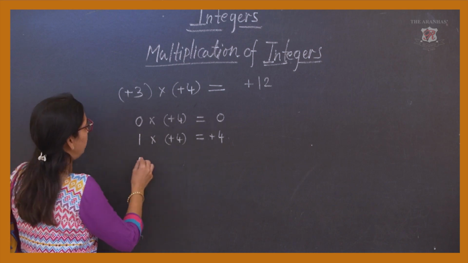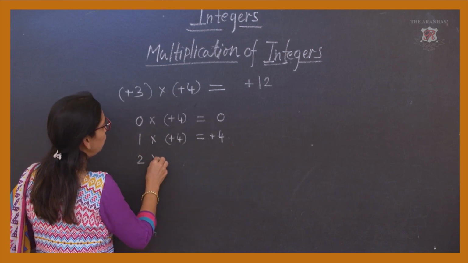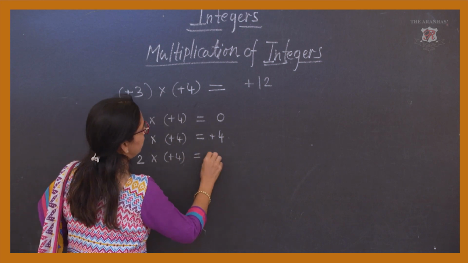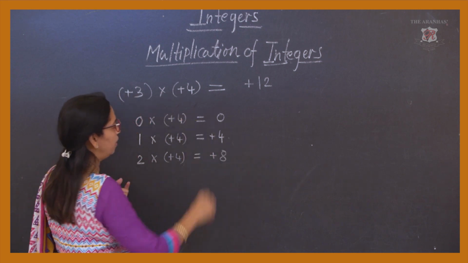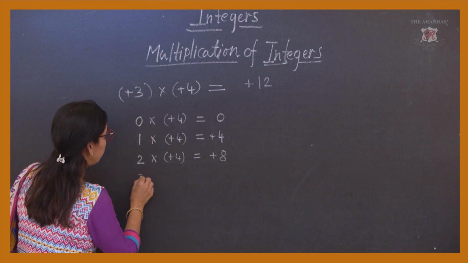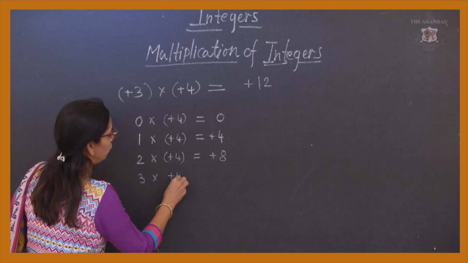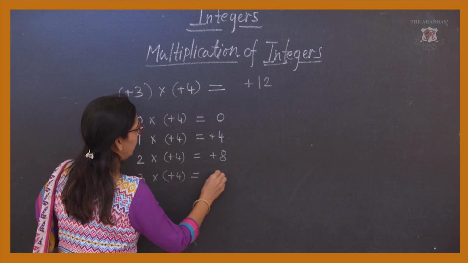So the next step, again you take 2 into plus 4 to get the answer plus 8. And now the third step will be 3 into plus 4.